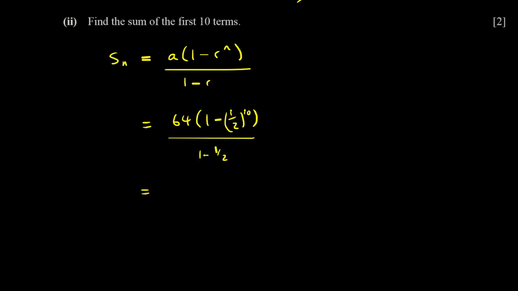And so we need to simplify this a little bit. We're going to get 64 bracket 1 minus. Now 2 to the power of 10 is the same thing as 1024. And on the denominator, we are going to have 1 minus a half, which is just a half.